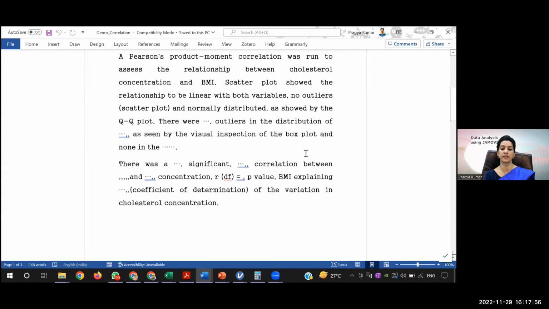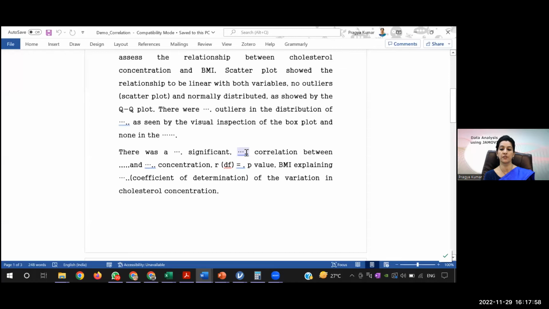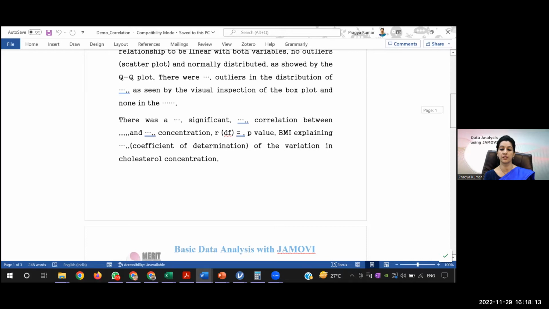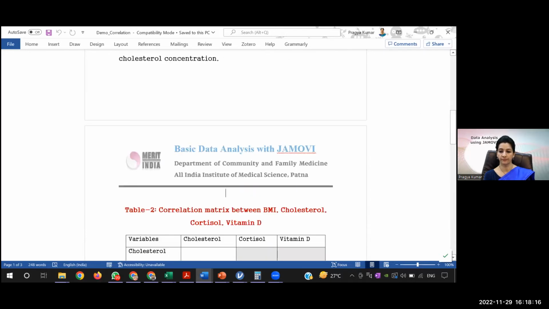And then you will write that there was a significant correlation. You can give the value 0.675. And you have to write the R square also, so you will write the value of R square. And then you will write the explanation that this much percentage of variation in the BMI was responsible for the variation in the cholesterol. Okay.